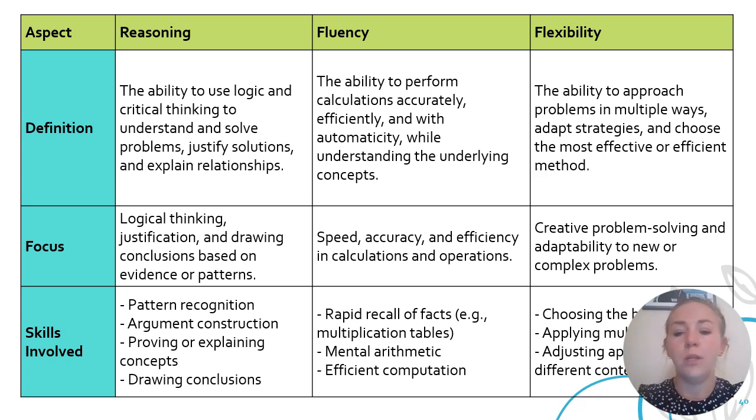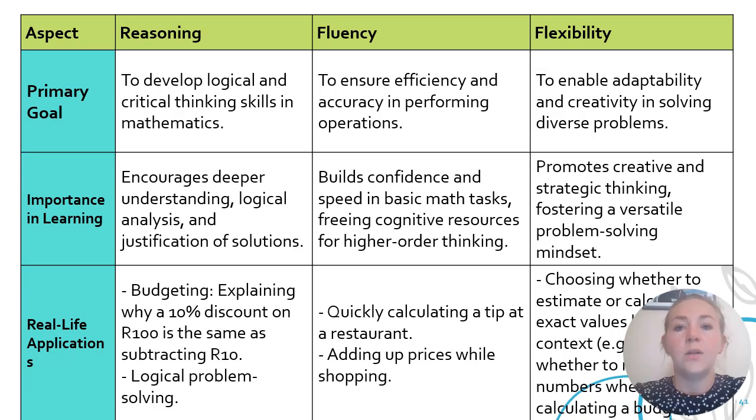So you can just read through that summary. Looking at the three aspects of reasoning, fluency, and flexibility, I think you would have noticed by now that those three are intertwined in mathematics and supportive of each other.